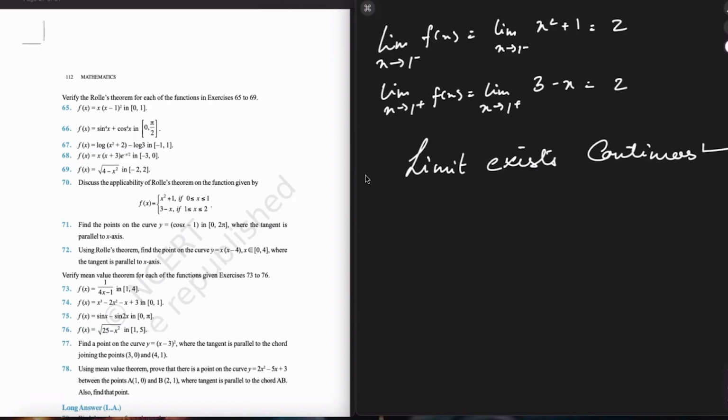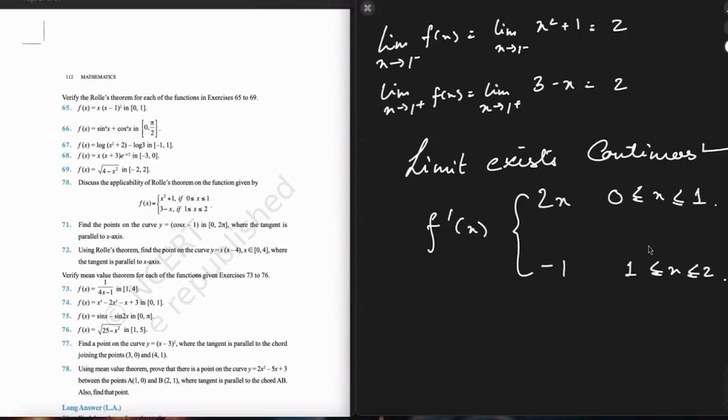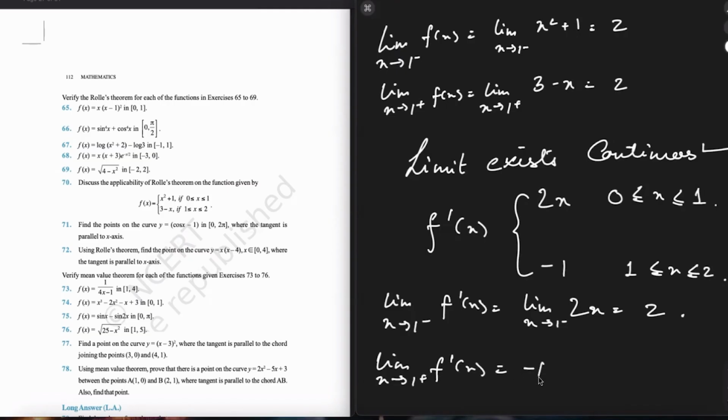अब डिफरेंशिएबल के लिए चेक करना है, तो इसका f dash x निकाल के रख लो. f dash x हो जाएगा 2x for x<1 और -1 for x>1. ठीक है, तो ये भी कंटिन्यूअस फंक्शन है, x की कोई बात ही नहीं है. तो at x tending to 1 पे देख लेते हैं. लिमिट x tending to 1 minus for f dash of x is equal to, यहाँ पे आएगा 2x, सो वैल्यू हो जाएगी 2. और limit x tending to 1 positive f dash of x पे आ जाएगा -1.